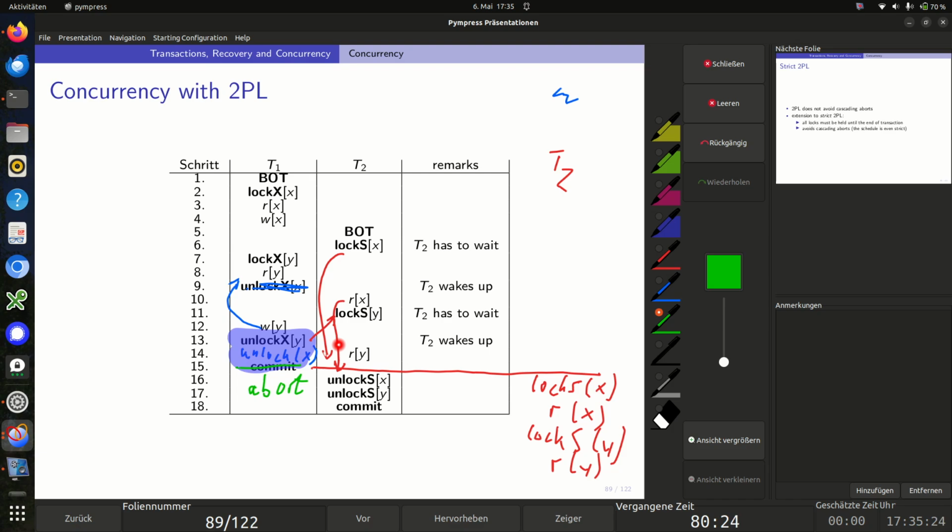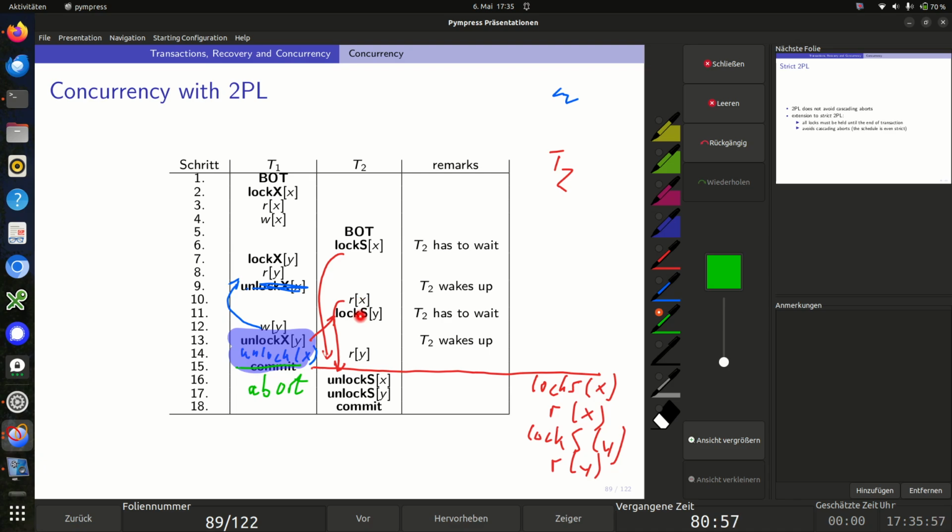The problem would be, it doesn't matter now whether this aborts or not, but in the original case here, an abort would mean that every value that transaction 2 read from T1 must be undone. So here the read of x was a dirty read, because it was not committed here. If there's an abort, then we have to undo this transaction, and this should be avoided.